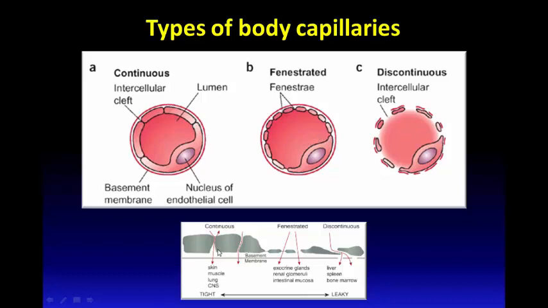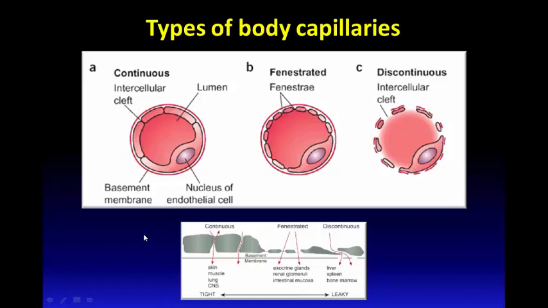In this figure, this is a continuous capillary with very narrow intercellular clefts. Here, this is a fenestrated capillary with fenestrations or pores in some endothelial cells, and this is a discontinuous capillary with much wider intercellular clefts.